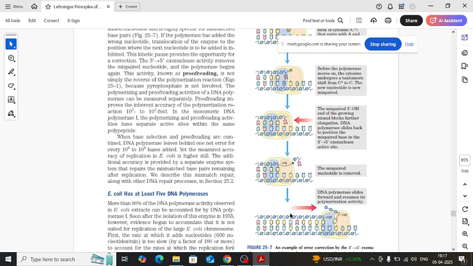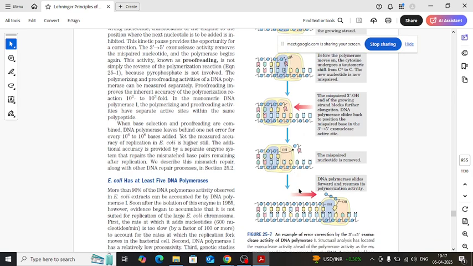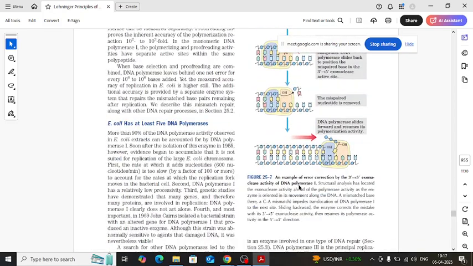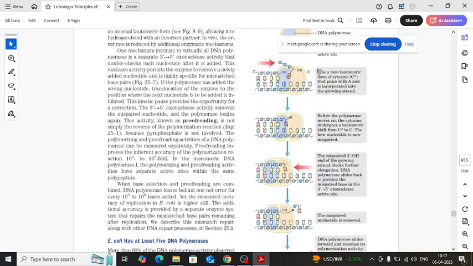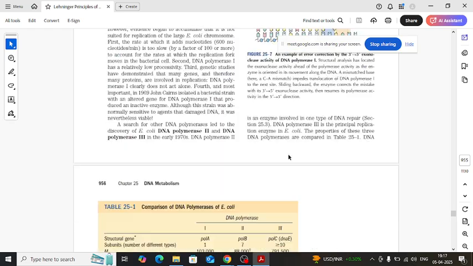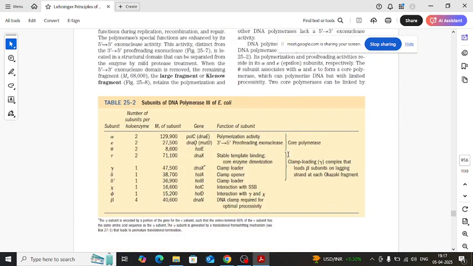So first DNA polymerase will slide back, and then again it will use its polymerase activity to incorporate the correct nucleotide. That is done by DNA polymerase 1, right? This is the proofreading activity of the DNA polymerase.